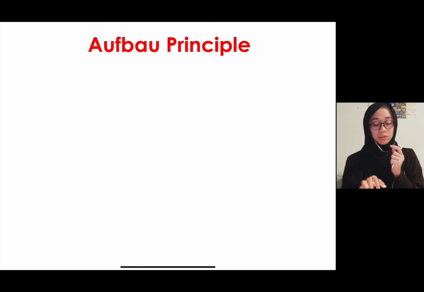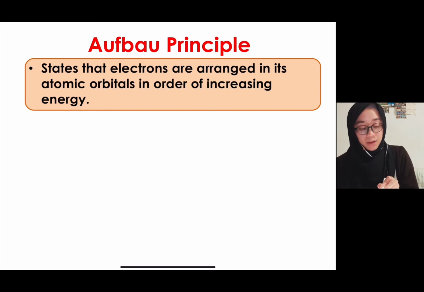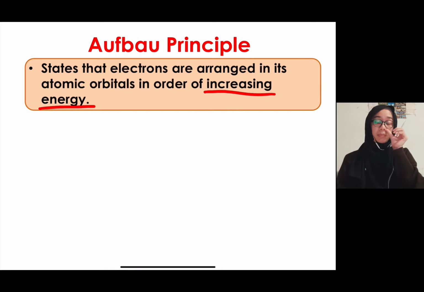Okay, so let's first look at the Aufbau principle. The Aufbau principle states that the electrons are arranged in atomic orbitals in order of increasing energy. Meaning we need to fill electrons into the orbital that has the lowest energy first, and then we start to build up later on.